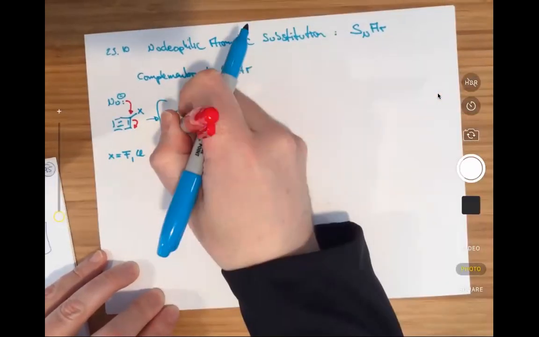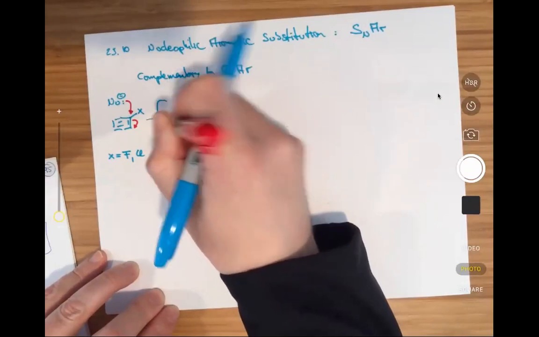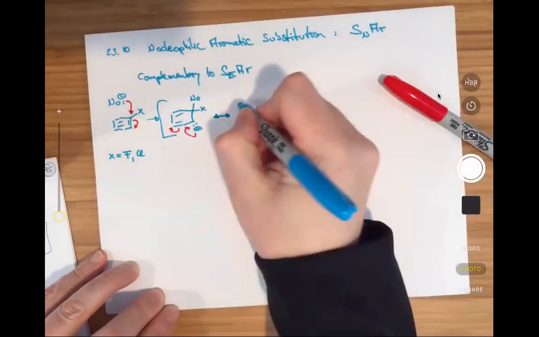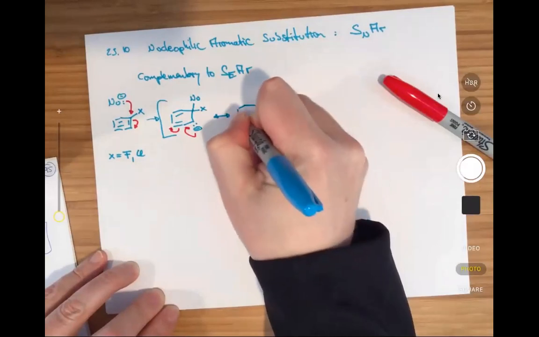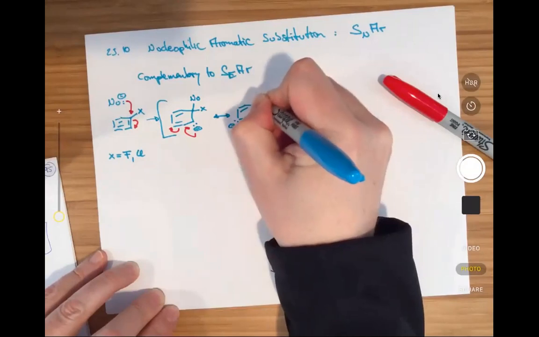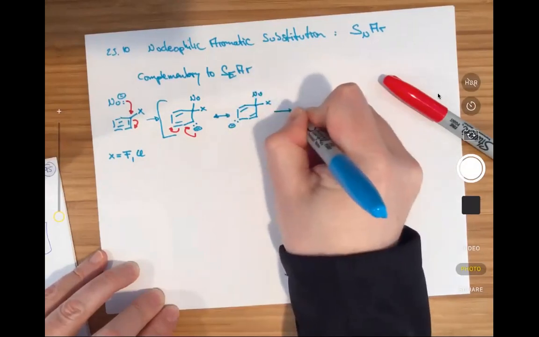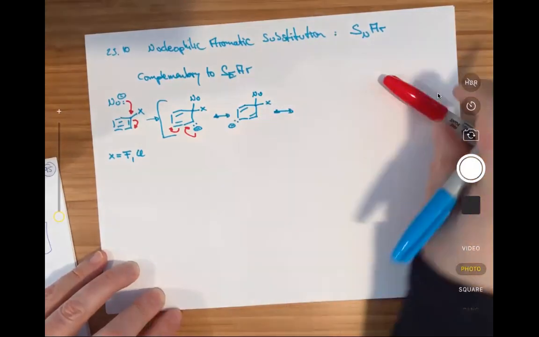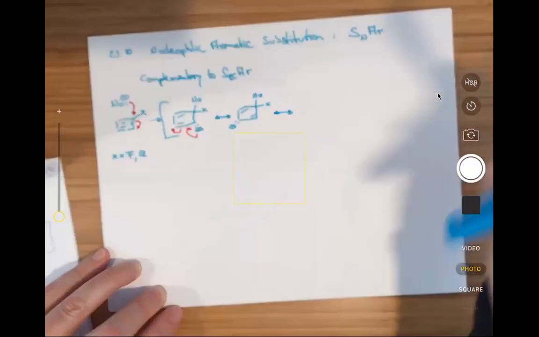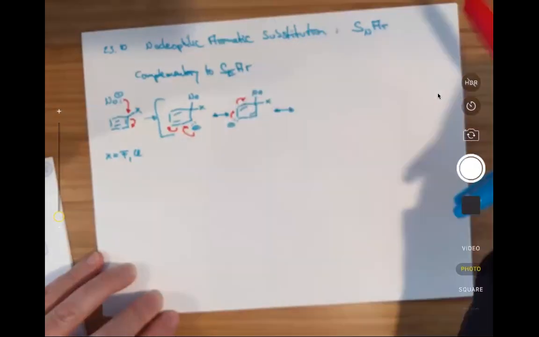And from here we can, as previously for the electrophilic aromatic substitution, start drawing resonance structures. So let's say we move these electrons in here and move these out here. Then we're going to end up with a negative charge here, nucleophile, and our X group. And then if we move over one more, you can imagine that you can push the electrons over here and these electrons in here.